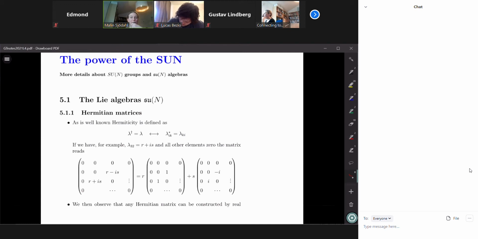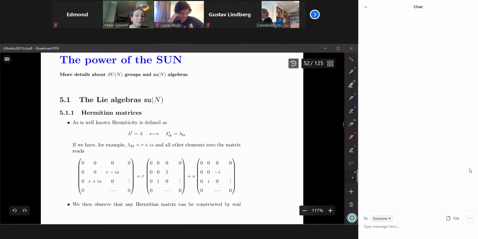For example, if we take some general parametrization of some element, let's take lambda 32, and let it be r plus is for some real numbers r and s, so it's a general complex number here, then the hermiticity constraint implies that here we have r minus is.